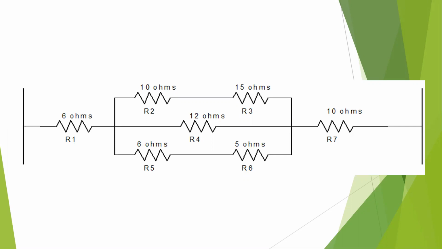So you get a resistance R2,3 equal to 25 and R5,6 equal to 11. Now you redraw that circuit so that you've got your 3 resistors now. It'll look something like this.